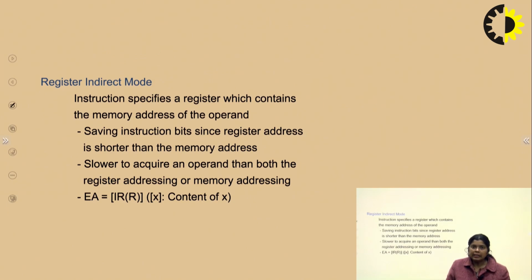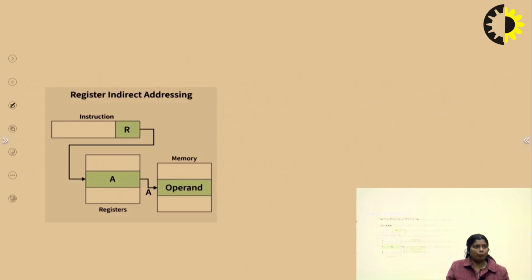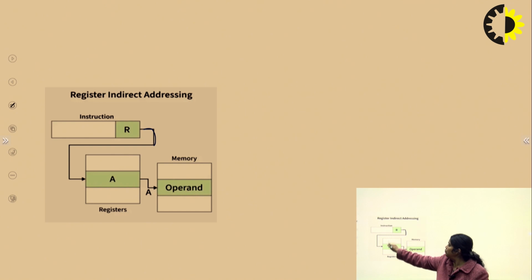Then the indirect addressing mode, same as that, is the register indirect addressing mode. The instruction specifies the register which contains the memory address of the operand. Here you can see there is a register and there is a memory. Suppose this register has the value 100.